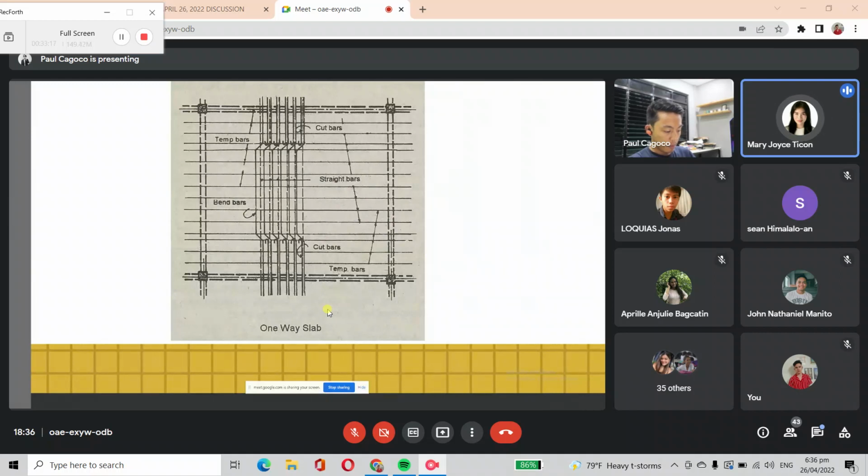Excuse me, sir. Sir, naay classmate nga nag-reach out nako regarding sa book. Sir, mao ni katong gi-recommend ninyo nga book.